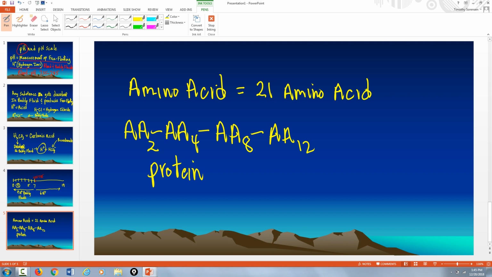The proteins of the body that control all the chemical reactions, you should remember this, are enzymes. So what are enzymes made out of? Proteins. What are proteins made out of? Amino acids chemically bonded together.